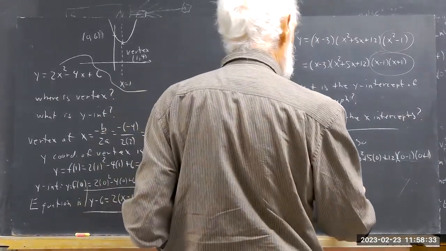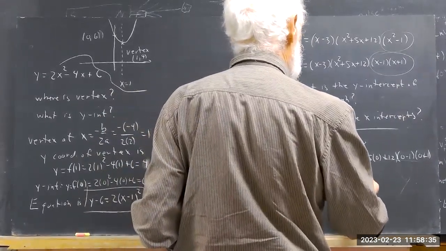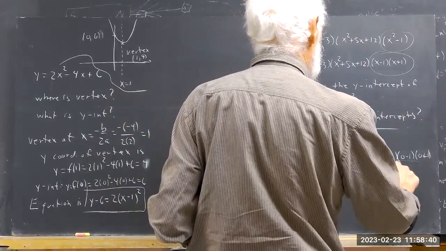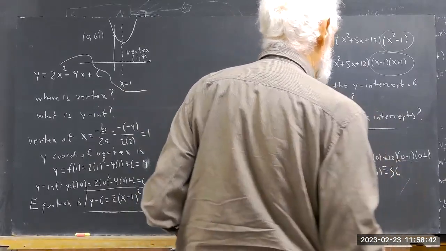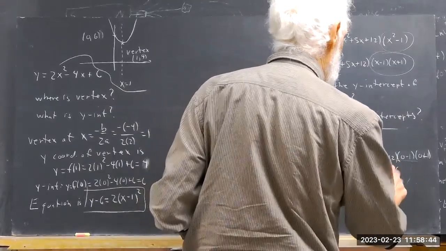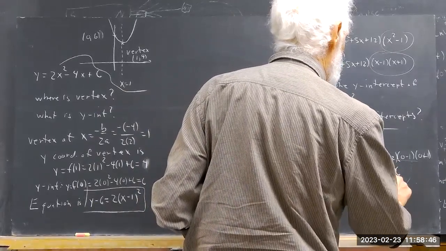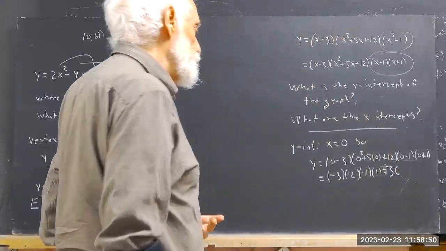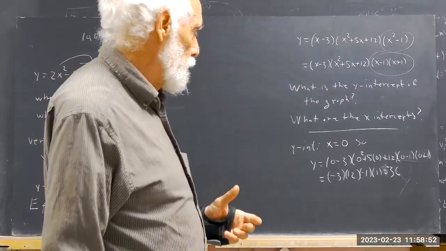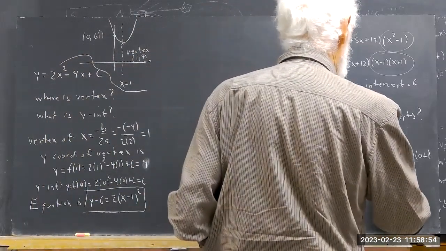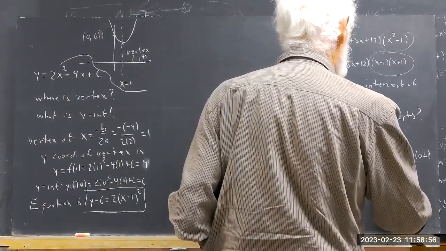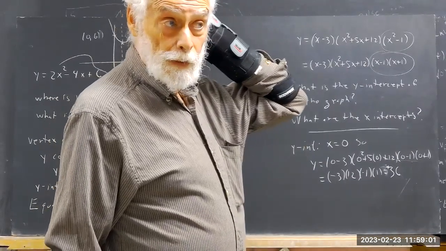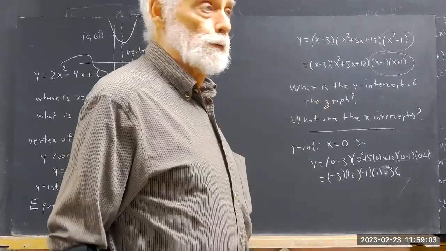That's going to be negative 3 times 12 times negative 1 times 1. And you multiply that in your head, it's negative 36. I'm sorry, positive 36. Two negatives in there. So it's always easy to find the y-intercept, unless you've got a really weird function.